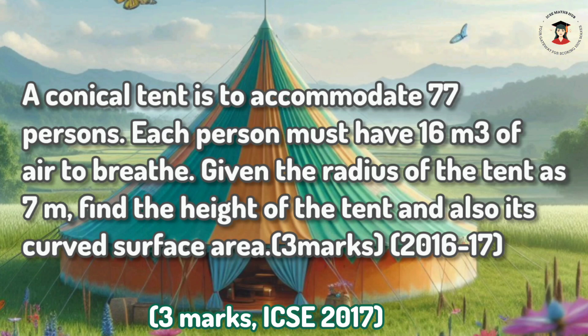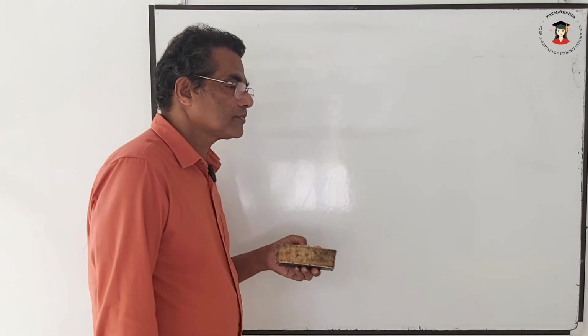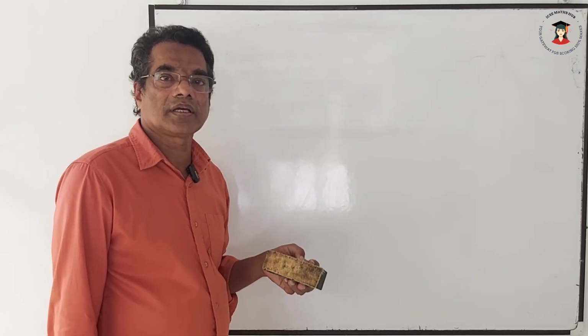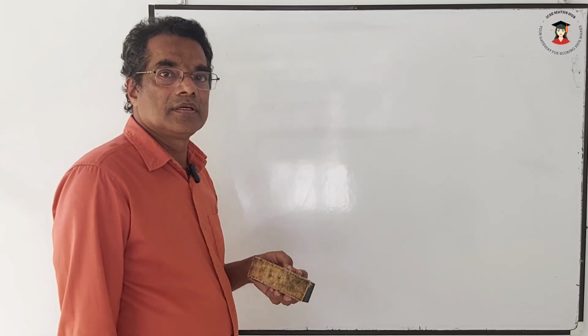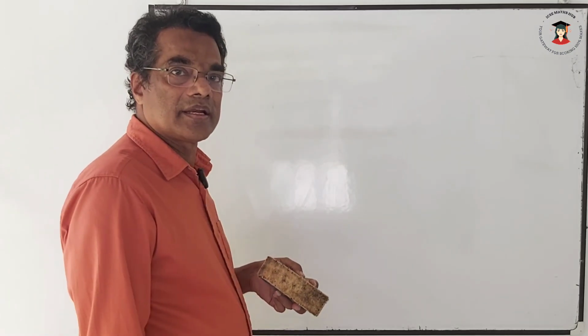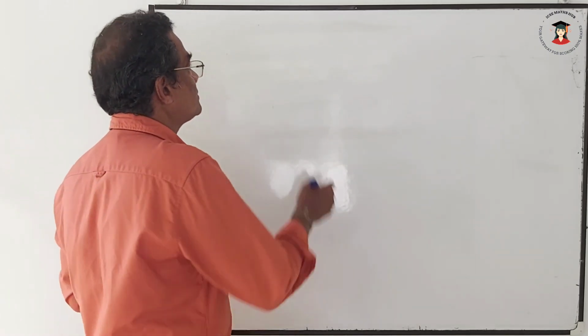Curved surface area is pi r l. So using r and h we need to find out l, using the equation r square plus h square is equal to l square. After that, we need to find out the curved surface area. Let r, h and l be the radius, height and slant height of the tent.